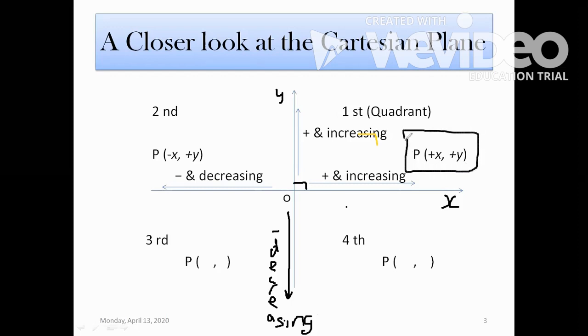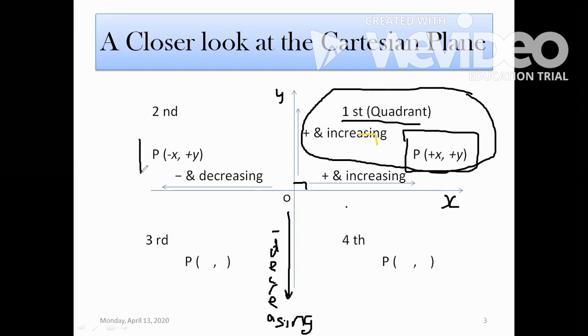Remember, what's the purpose of a Cartesian plane? To plot points. Now, in the first quadrant, all the points, the x coordinate and the y coordinate, everything is positive. So in the first quadrant, the x values are positive and the y values are positive.